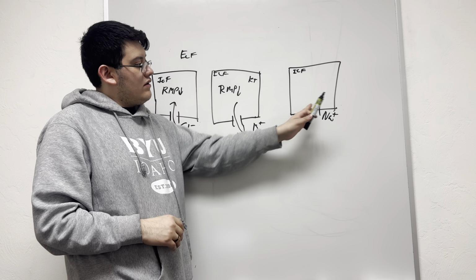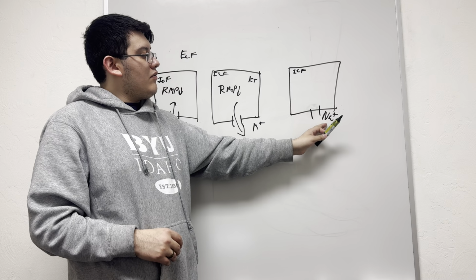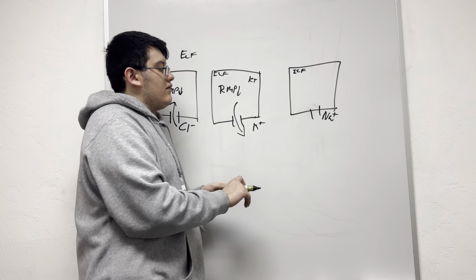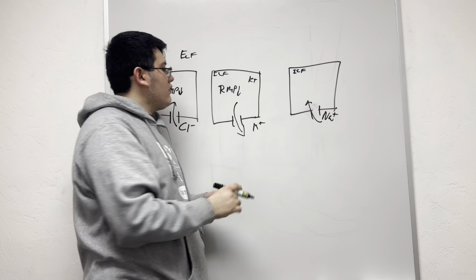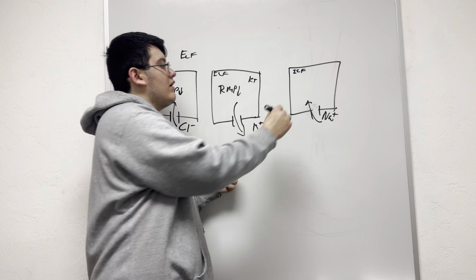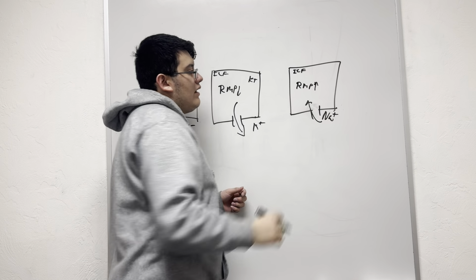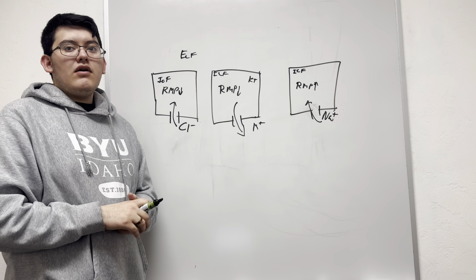Now, unlike these, sodium also tends to be more on the outside in the ECF than the ICF. So if the leak channel were to happen, it would rush in, but unlike chlorine, it would actually cause the RMP to rise. And with the rising of the RMP, this depolarizes the cell.